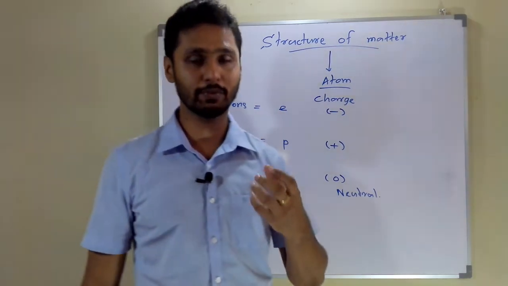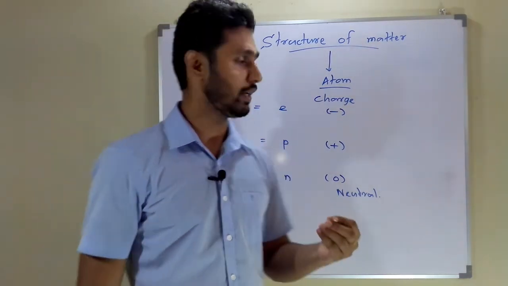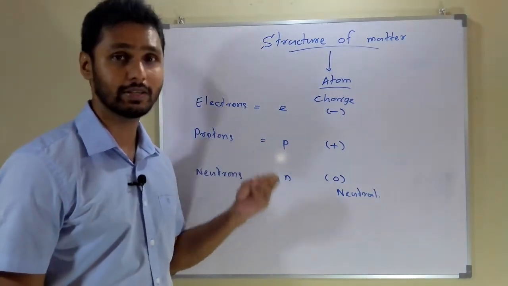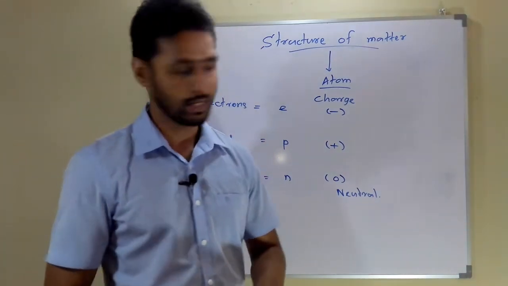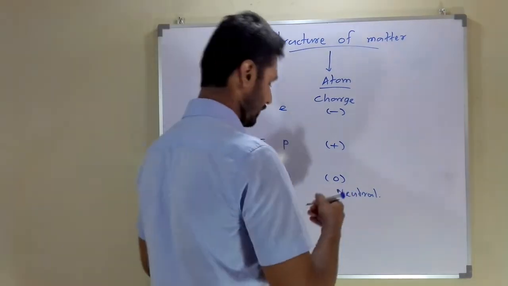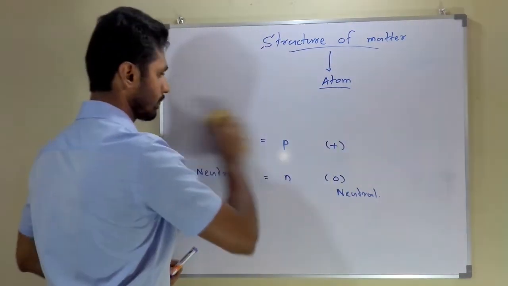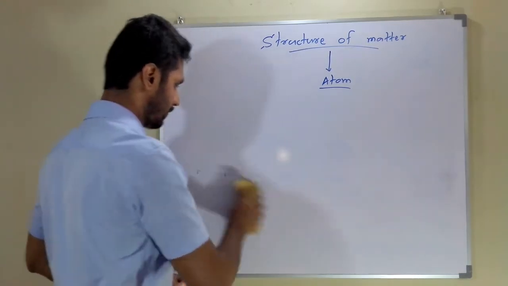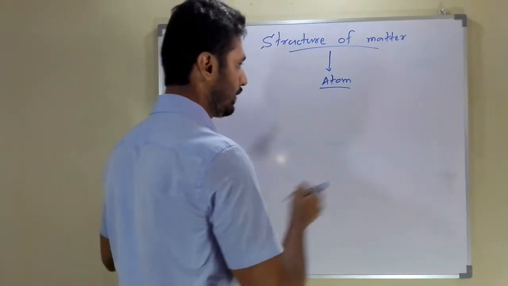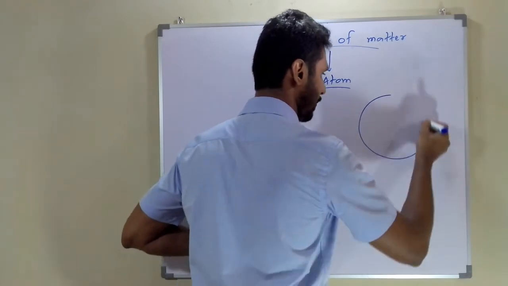Let's see, where is the electrons, where is the protons, where is the neutrons in an atom. There should be a special place in an atom for the subatomic particles. Think this is an atom.